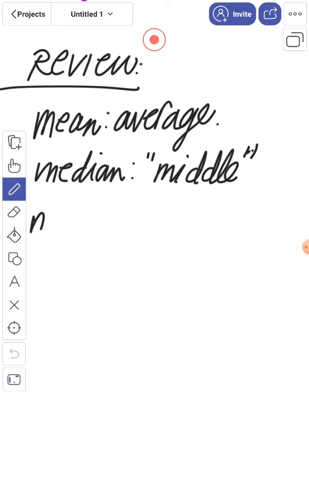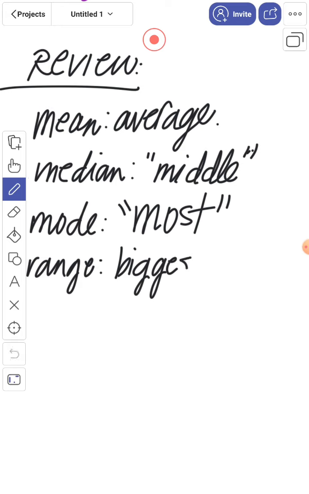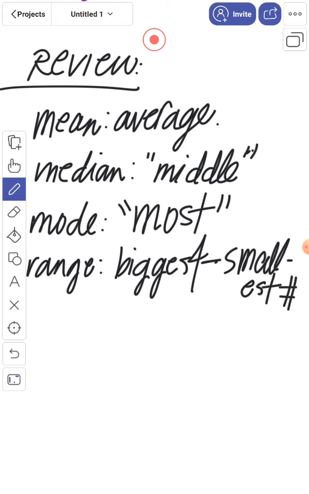Mode is the one that shows up the most. And then the range is the biggest number minus the smallest number.